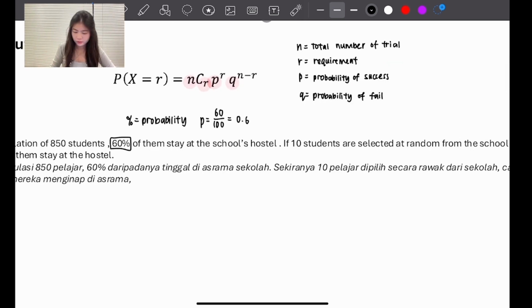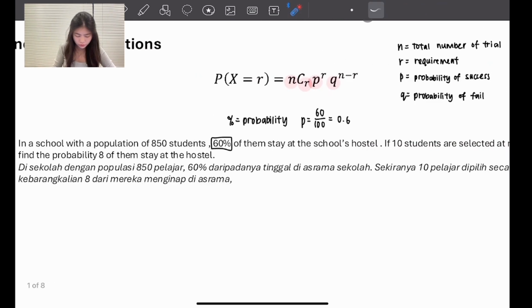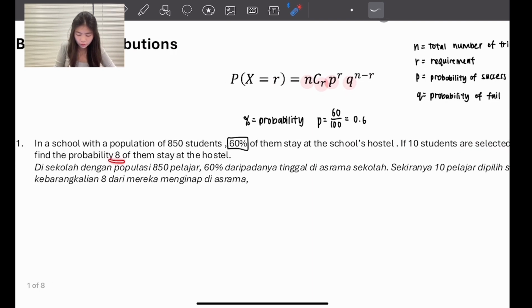Both are fine. And next, if 10 students are selected at random from the school, find the probability that 8 of them stay at the hostel. So you can highlight 60% stay at the school hostel. Once we know that the probability of a student staying in the school hostel is 0.6, that means p is equal to 0.6, right?